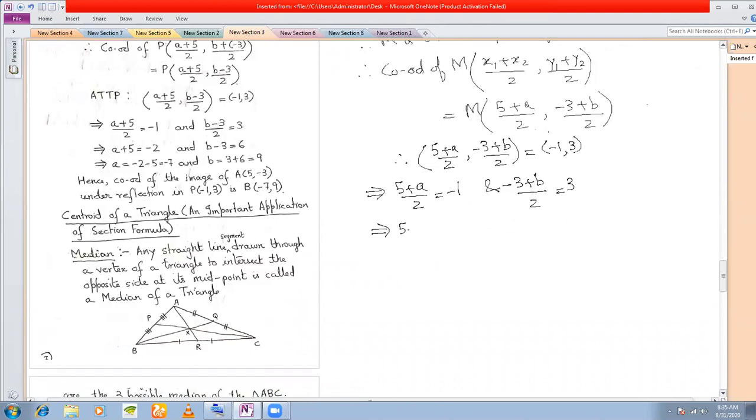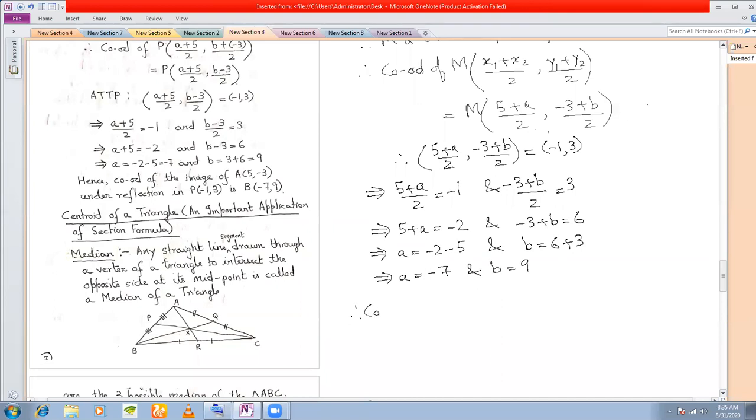So that means 5 plus A is equal to minus 2 and minus 3 plus B is equal to 6. That means A is minus 2 minus 5 and B is 6 plus 3. That means A is minus 7 and B is 9.